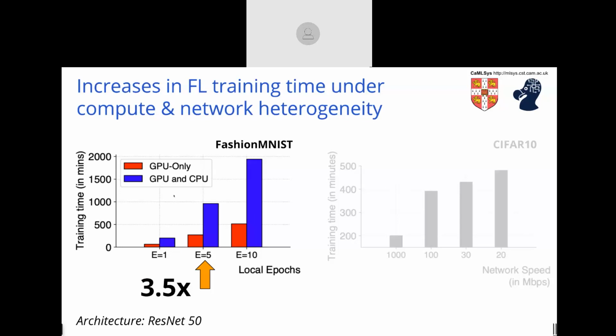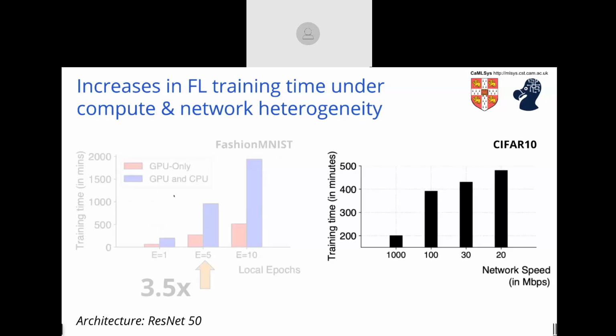Let's look at another example in terms of real-world types of behavior. Obviously, federated learning devices are not always going to have very high bandwidth connections. And yet, most of the experiments you see, if they are done on real devices, are over wired connections. So you might have, for example, speeds like 1,000 megabits per second.